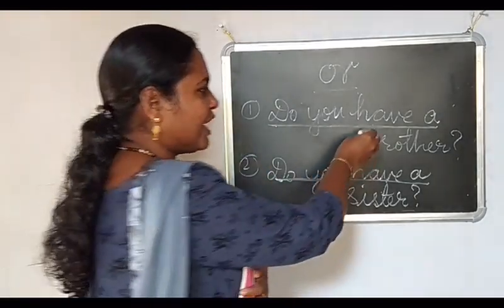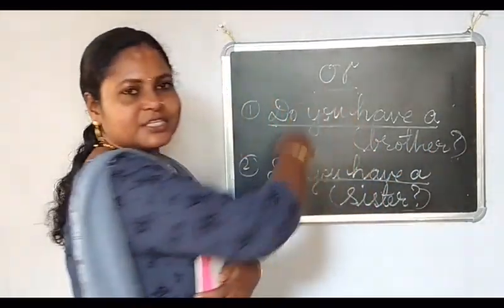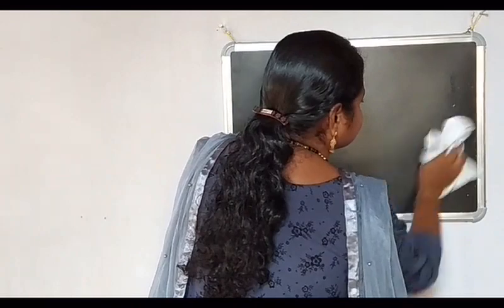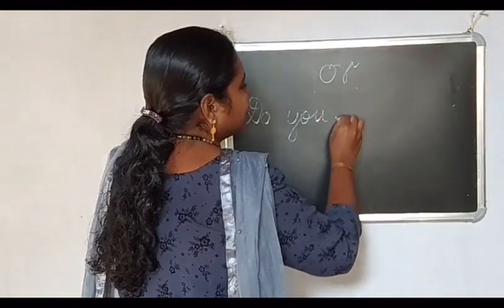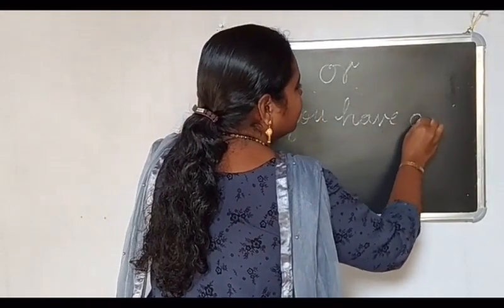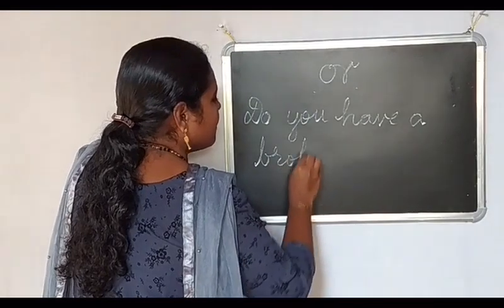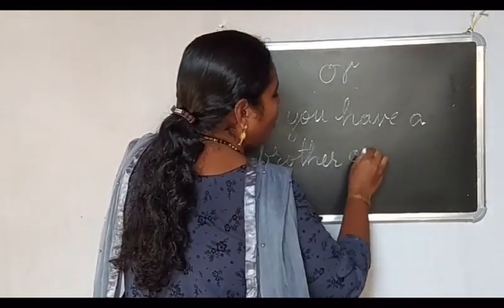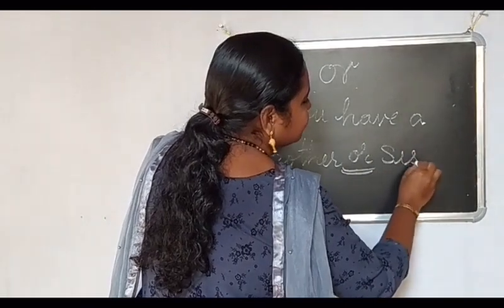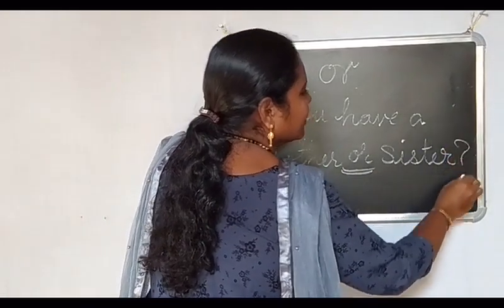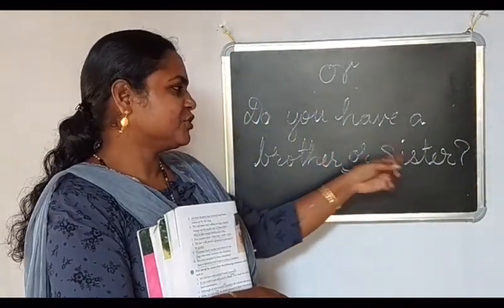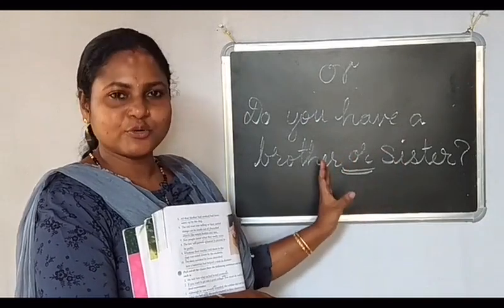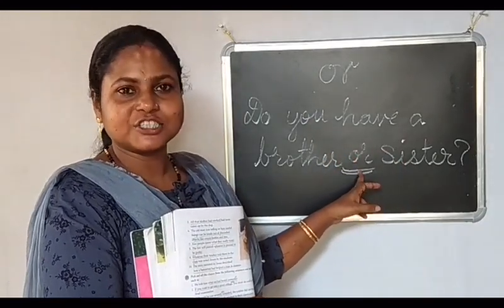Now we are going to add these two words together by using this or. Do you have a brother or sister? So we added these two things of equal importance using this conjunction or.